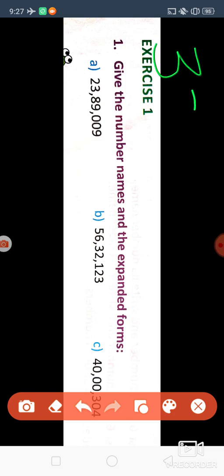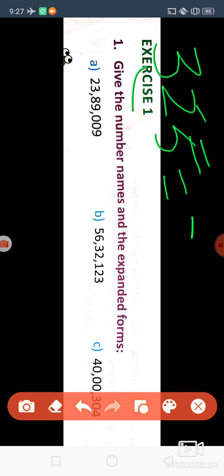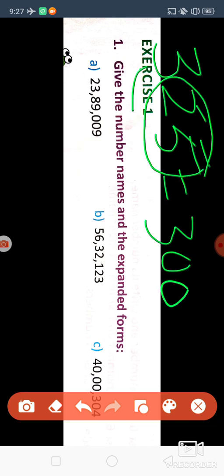Suppose 325. We have to write in expanded form. Another easy way I am telling you. So how we'll write? This 3. After 3, how many digits are there? 1, 2. So first of all, you'll write this 3. After 3, 2 digits are there. So put here 00. Plus this 2. After 2, how many digits are there?